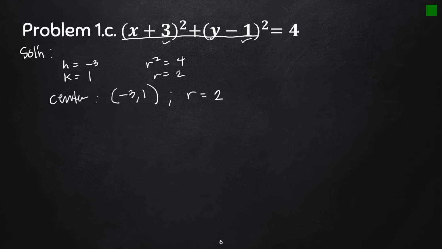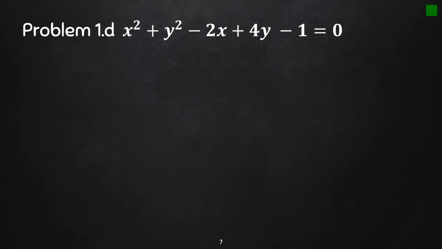Okay, so now let's proceed to problem 1.d. The equation given to us is x² + y² − 2x + 4y − 1 = 0. We need to find the center and the radius of this circle.